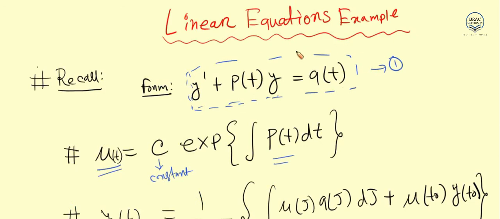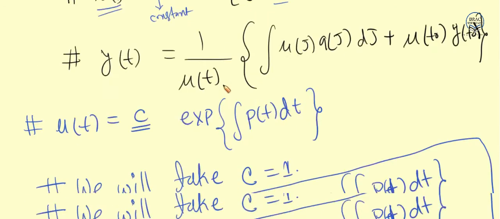This example will be a lengthy example because it will also show us, if this equation is not in the standard form, that is in the form like 1, how we can make it into a standard form. That is, given the equation, you do some algebraic manipulation and bring this given equation into the standard form. Then you identify your p and q's, and then you go on and solve them.